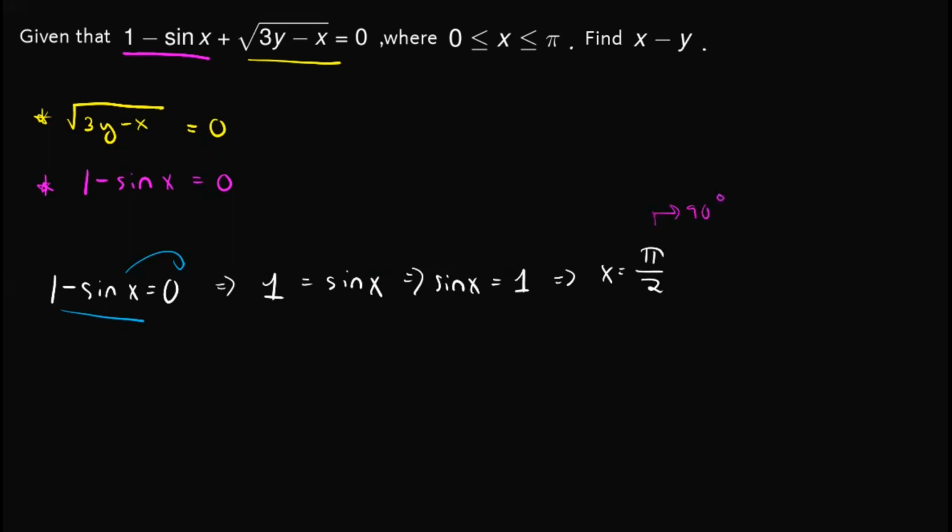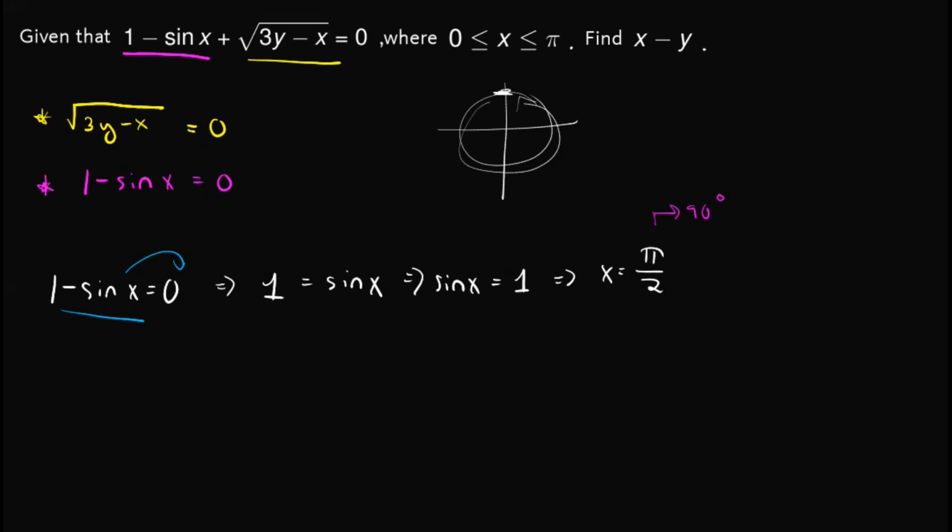Note that there are more values that could make this 1. If we look at the unit circle, the sine value will have a value of 1 again after 1 revolution, after 360 degrees, or after 2 pi.